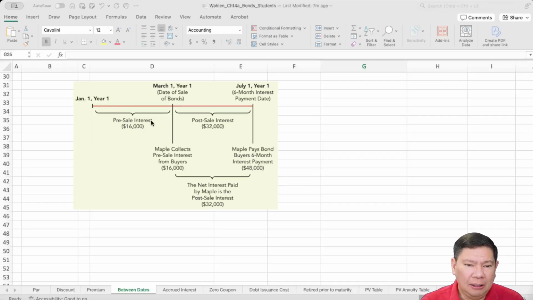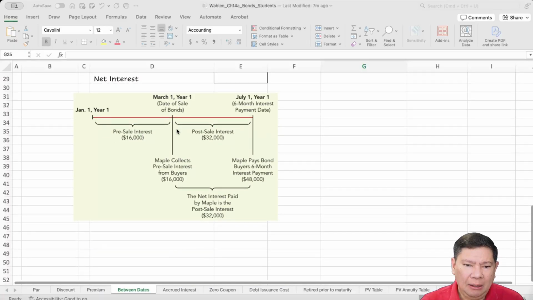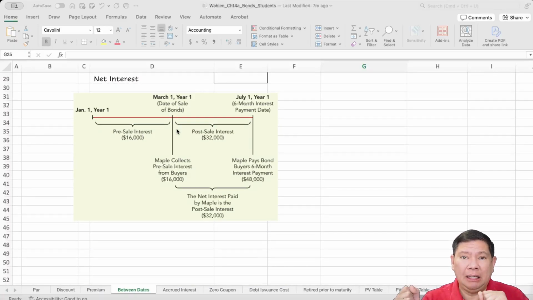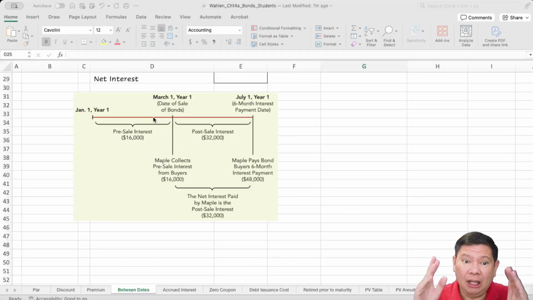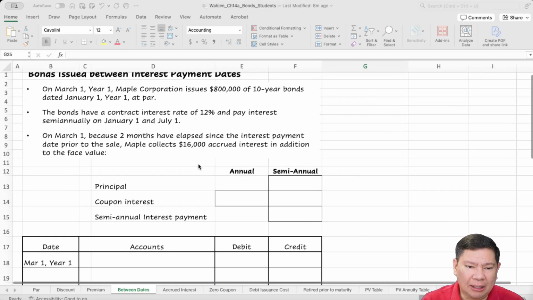So for simplification of recording, when the issuing company sold the bonds, they asked the buyer to pay the January and February part, okay, give them that portion of the interest. So on the next interest payment, the issuing company can pay the full 6 month interest. That's what they do. Okay, so let's take a look at this.